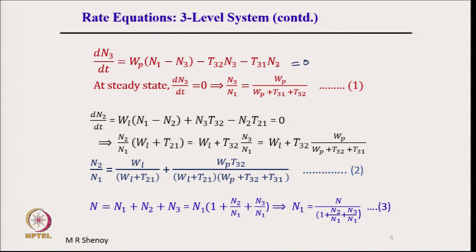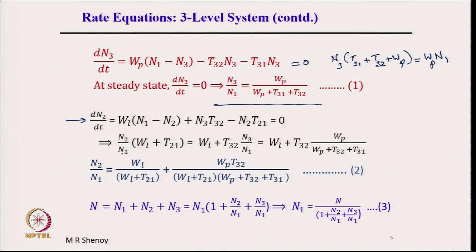So, we have N3 into T31 plus T32 plus Wp equal to Wp into N1. That is the first term, and therefore, N3 by N1 is equal to Wp divided by Wp plus T31 plus T32.